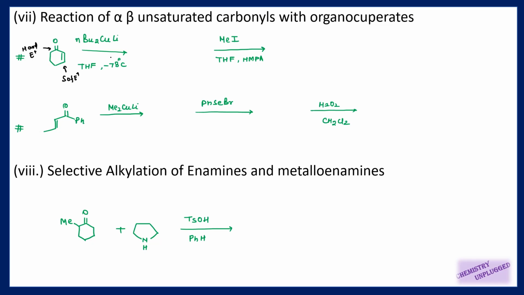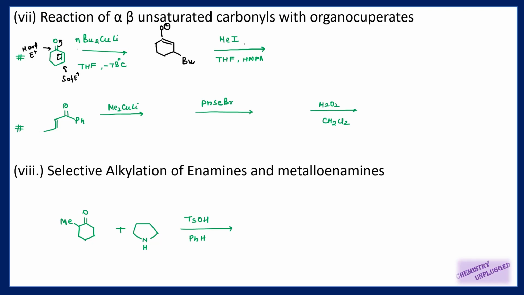According to hard soft acid base theory, a soft nucleophile attacks a soft electrophilic center and a hard nucleophile attacks a hard electrophilic center. So this time we have a soft nucleophile, so it will attack preferentially the soft electrophile, meaning at this carbon, right? So I will get an enolate like this after shifting of this bond.